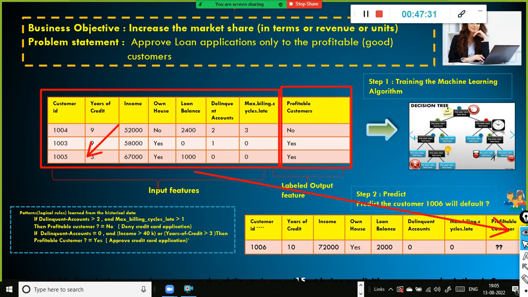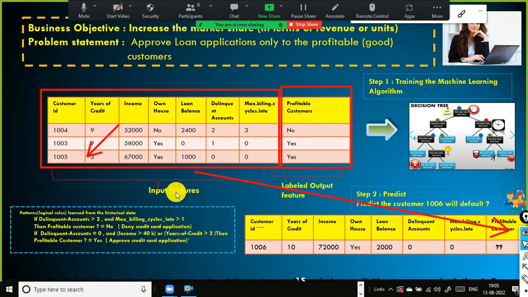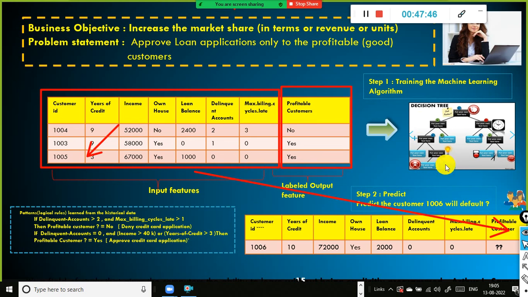Anything that involves a human leads to some amount of error, right? Some kind of mistakes can happen. Like humans make mistakes, even machine learning algorithms can also make mistakes. It is not that a machine learning algorithm will not make any mistake. While making a prediction, even the machine learning algorithm can make a mistake.